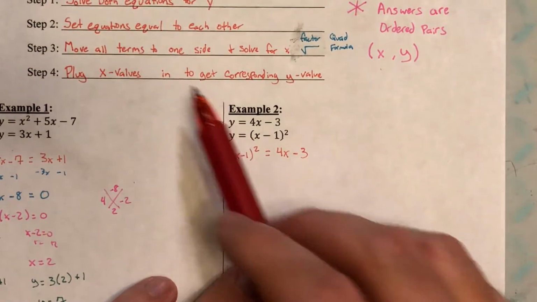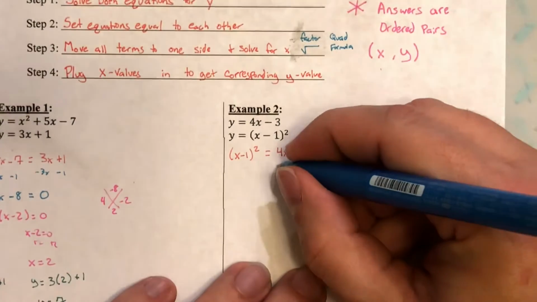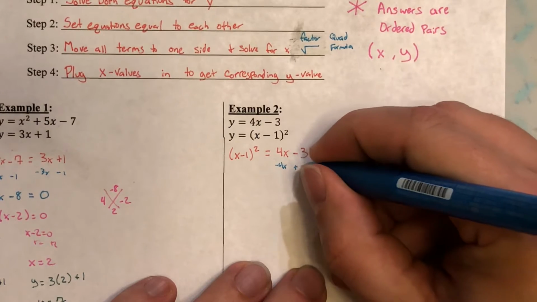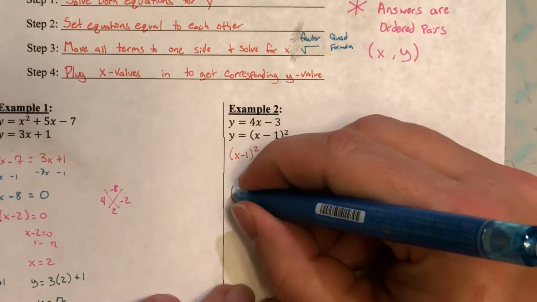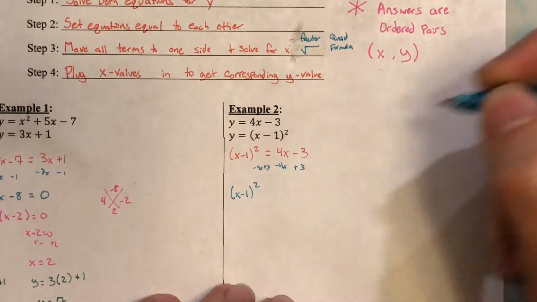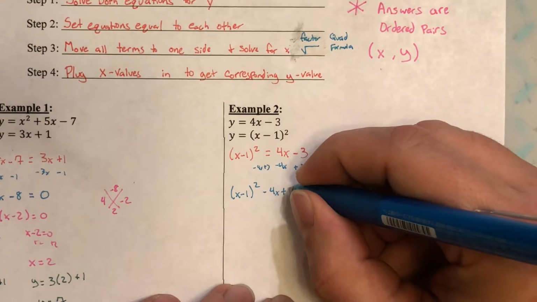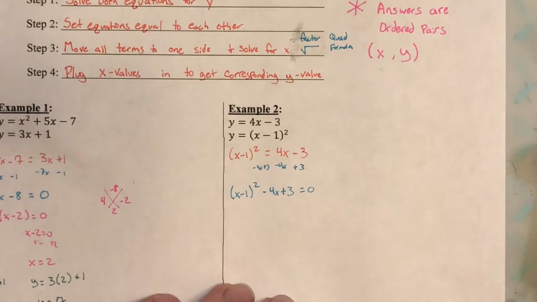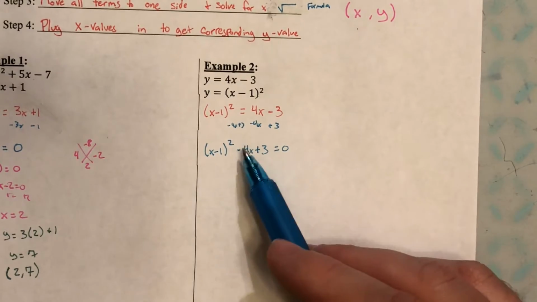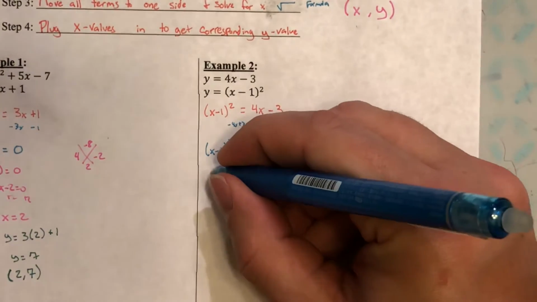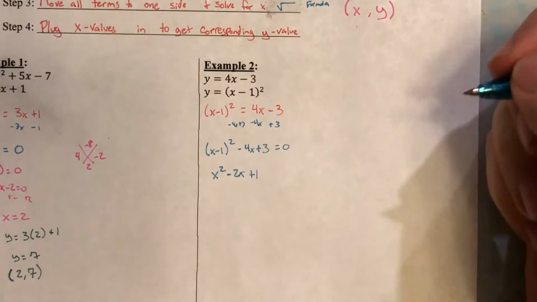So I'm going to move all the terms over to the left side. So I'm going to subtract 4x from both sides and add 3. So I get (x minus 1) all squared minus 4x plus 3 equals 0. (x minus 1) squared, if I were to FOIL that out, that's going to give me x squared minus 2x plus 1.